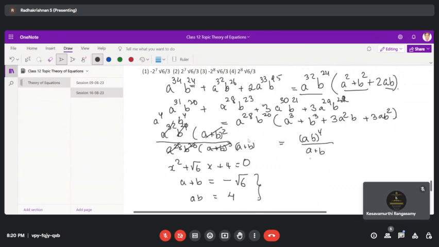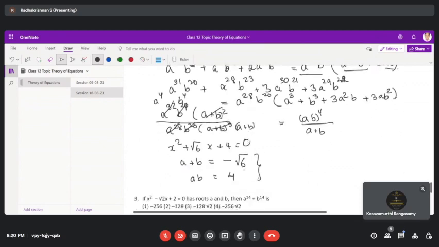So we can simply substitute here. Therefore, the given expression becomes ab whole to the power of 4 divided by a plus b, minus root 6, which is 256 by root 6.